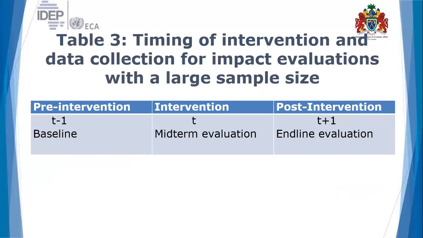So in a summary form, when you look at the timing of intervention and data collection for impact evaluations, with a large sample, we can do this in 3 possible ways. Number 1, that is pre-intervention, before an intervention starts, that is at t-1 period, we conduct a baseline study that gives the data about the pre-intervention situation.